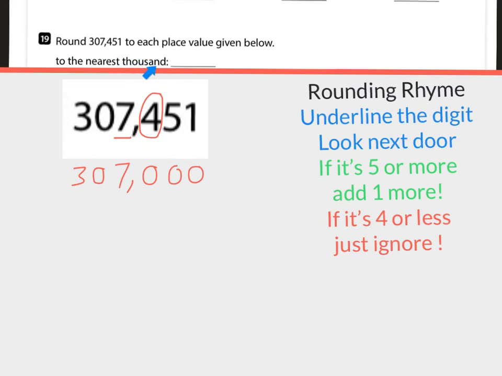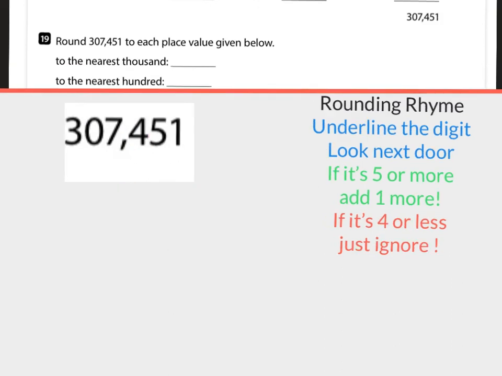307,451 rounded to the nearest thousands place will be 307,000. Next, we're going to take 307,451 and round it to the nearest hundreds place. We underline our hundreds place and we circle the digit to the right. The circled digit is 5 or more, so we add one more to our hundreds digit.